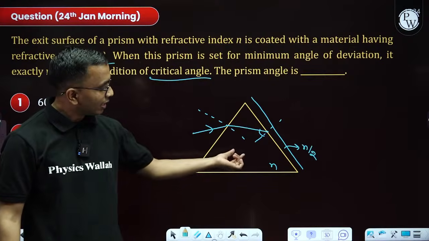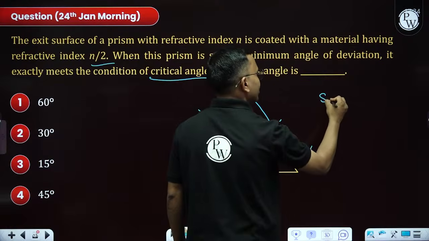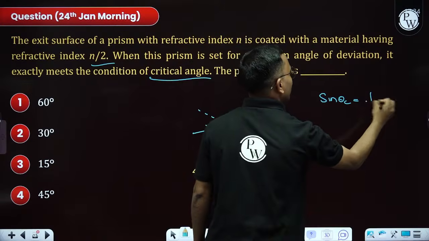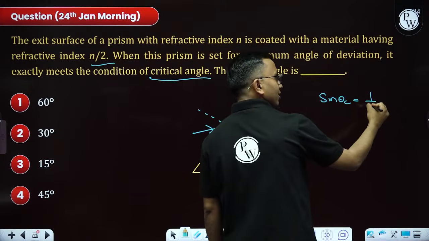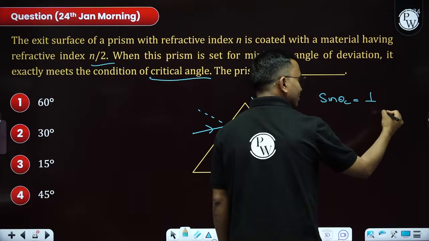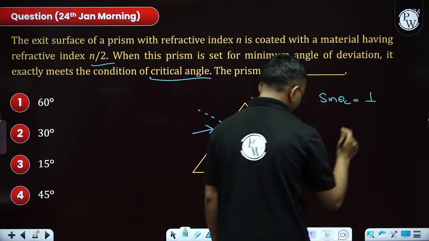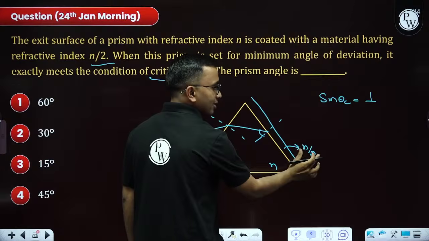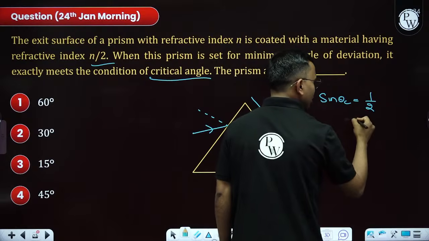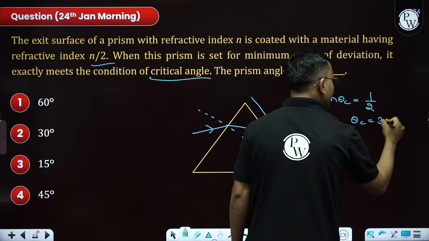What is theta critical here? Sin theta critical is equal to 1 by the relative refractive index of the denser with respect to the rarer. What is denser? n. This is n by 2. So that is 2, and theta critical comes out to be 30 degrees.